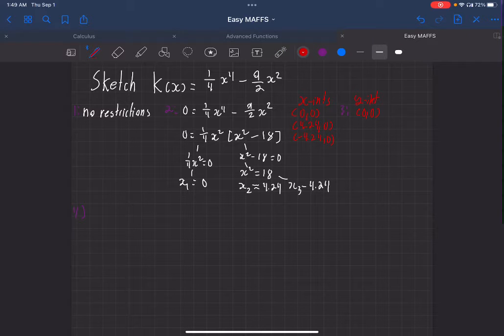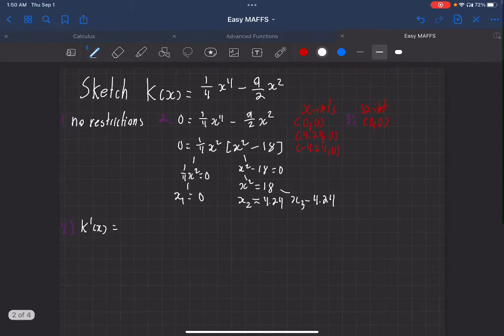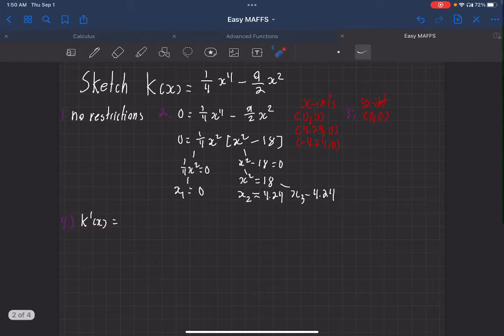And step 4, well, before we can set our first derivative equal to 0, we have to find our first derivative. So k prime of x, that's the first derivative, is equal to, so x to the 4th over 4, we multiply the 4 here, and that just becomes 1, and we subtract 1, and that becomes 3.